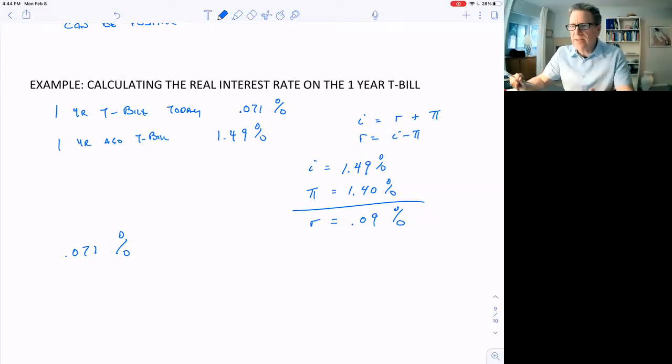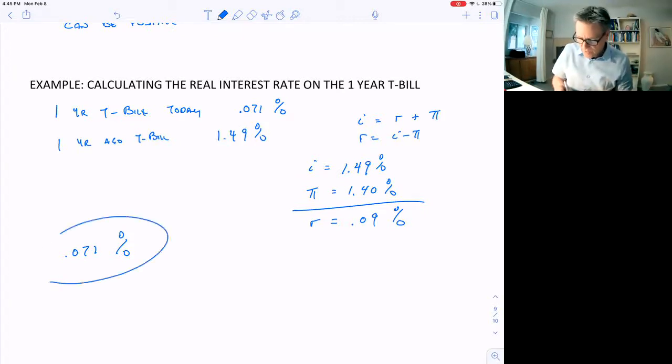What do you think inflation is going to be over this next year? Don't really know. No one's got a crystal ball. But my guess is it's going to be at least 1.4%. Maybe 2%. Probably somewhere in that range.